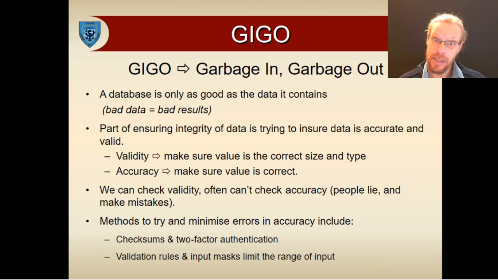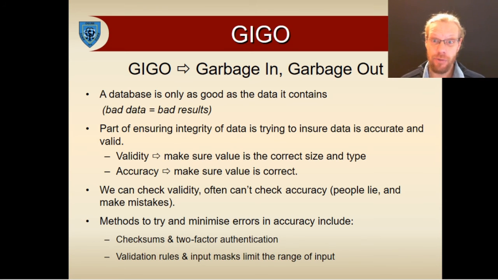In some cases, data is structured to try and minimize errors, so vital numbers such as ID numbers, credit card numbers, and the ISBN used to identify books all have a checksum built in that you can use to check that the number is valid. Two-factor authentication and email confirmations also try to minimize the chance that people enter incorrect data, but even so, errors are possible.